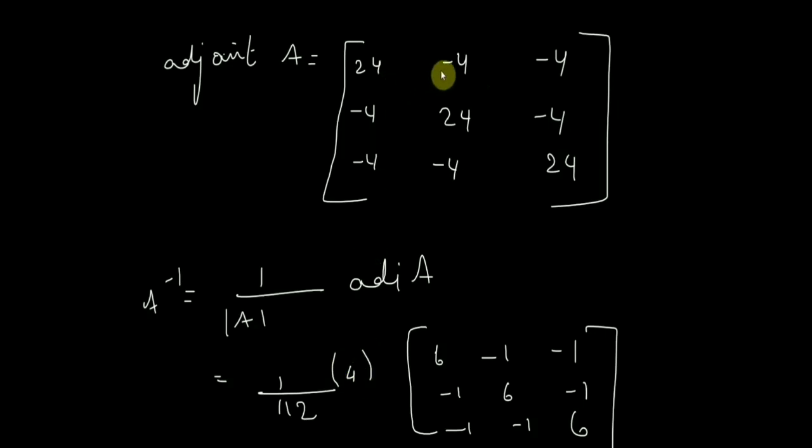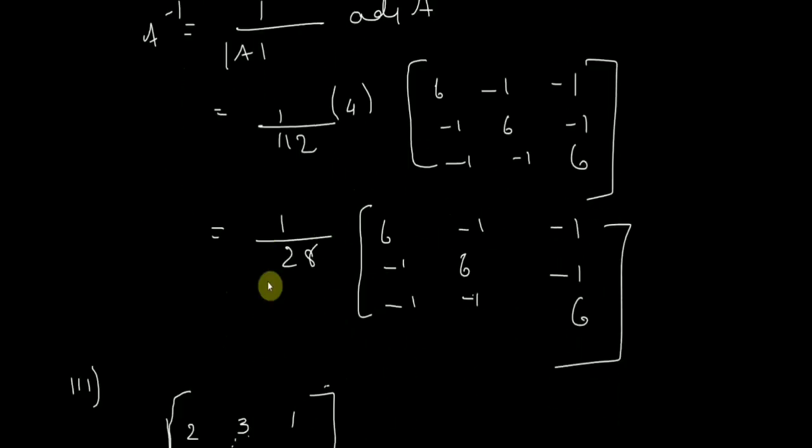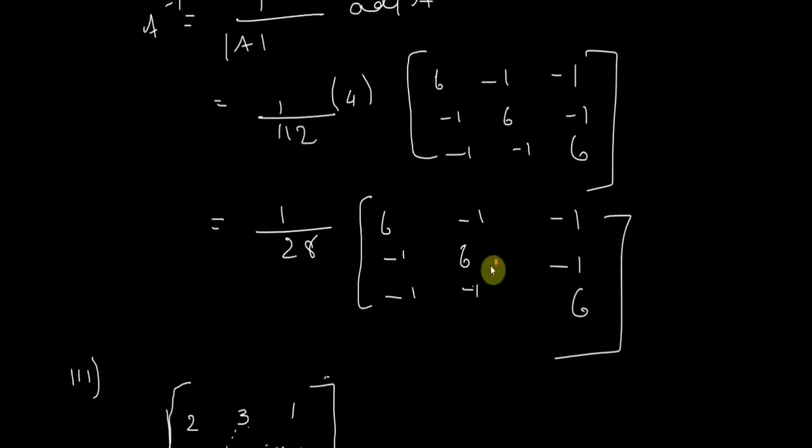You get 6 minus 1 minus 1, minus 1 6 minus 1, minus 1 minus 1 and 6, because you're dividing every element by 4. That is the adjoint, and the inverse is 1 by 28 into this matrix.